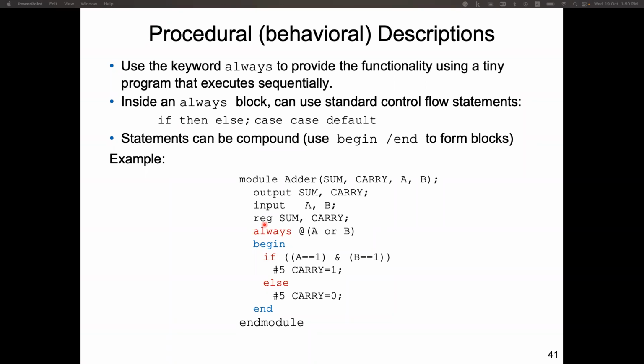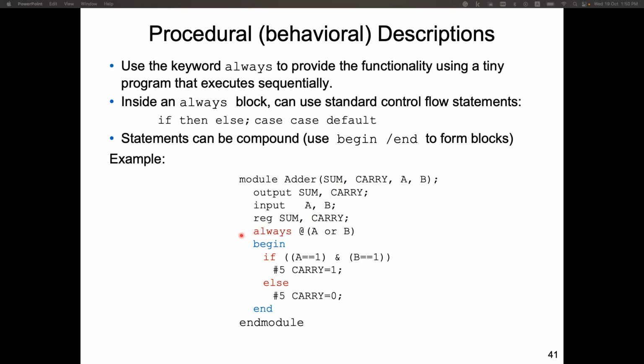If you remember, within the always block, the left-hand side of a statement must be a register variable. So we declare sum and carry to be register variables. They are scalar. Each of them is a 1-bit register variable.